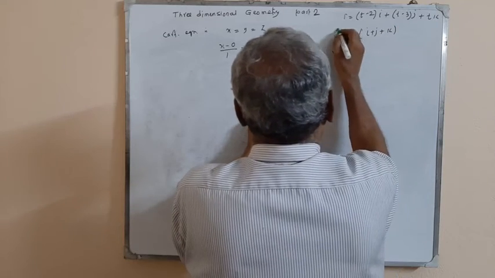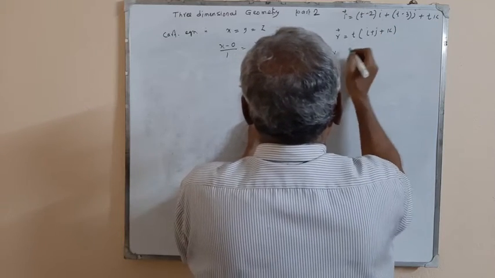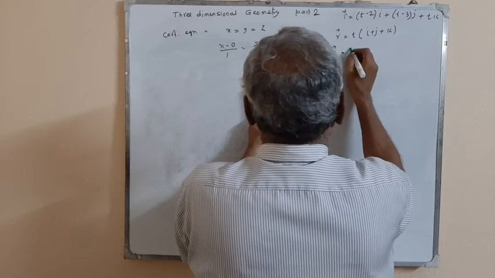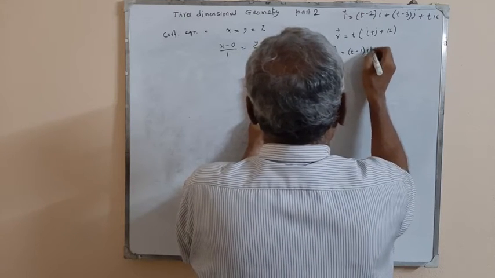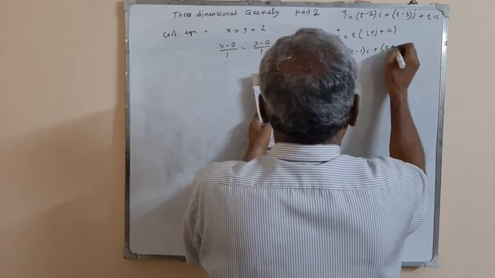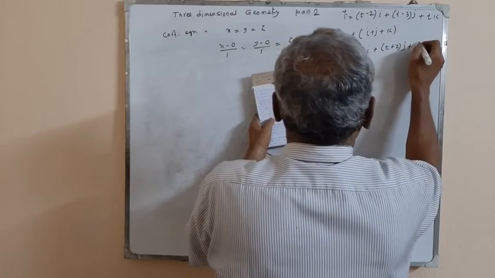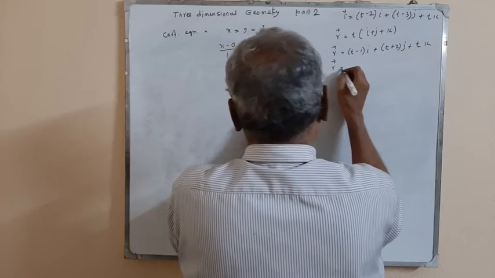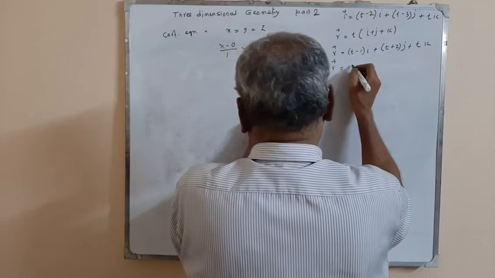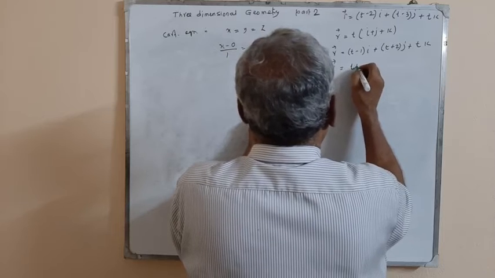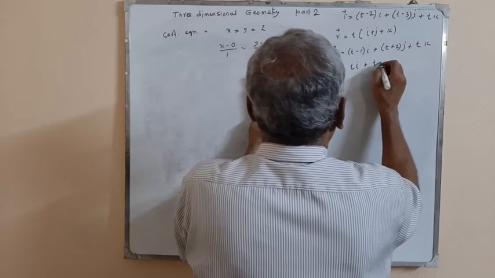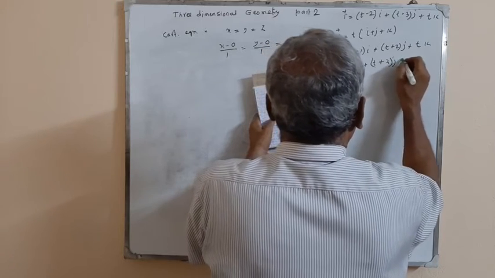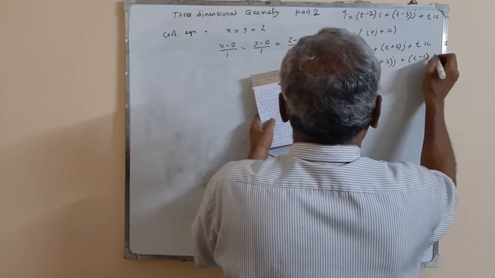Third option is t minus 1 into i, t plus 2 into j plus tk. And fourth one is ti plus t plus 3 into j plus t minus 1 into k.